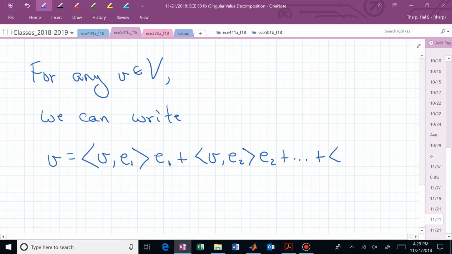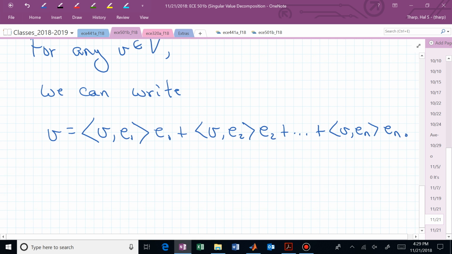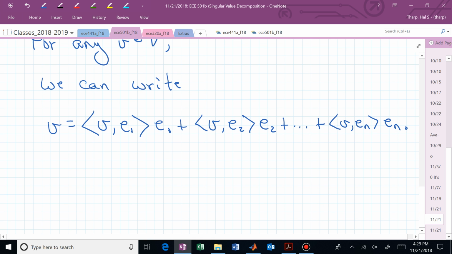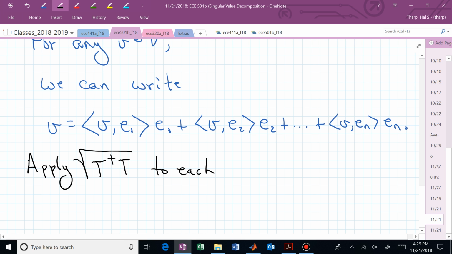And we just continue to do that for all of our basis vectors, and so we now have this orthonormal decomposition of a generic vector v in our vector space. We can now actually apply the positive operator, square root of T dagger T, to both sides of this equation.